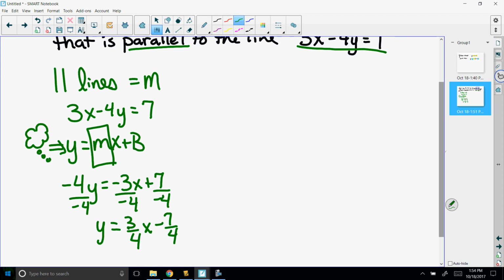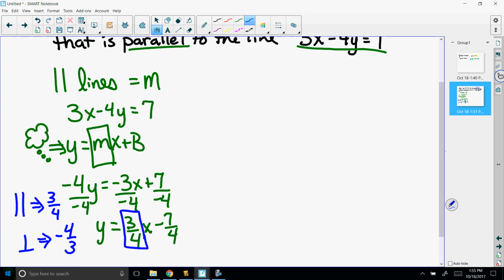What is the slope? 3/4. If it said perpendicular to it, what would you use? Negative 4/3, because perpendicular lines have negative reciprocals for slopes. So parallel, my slope is going to end up to be 3/4. If it said perpendicular, then your slope would be negative 4/3.